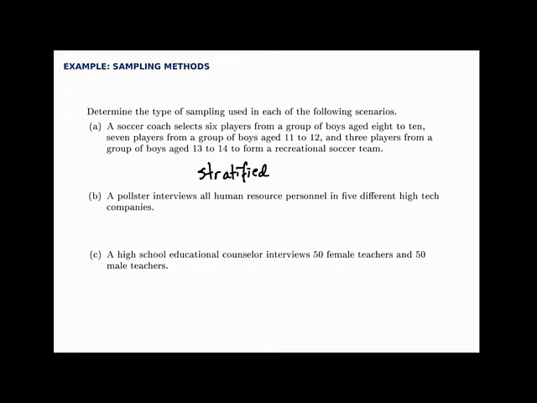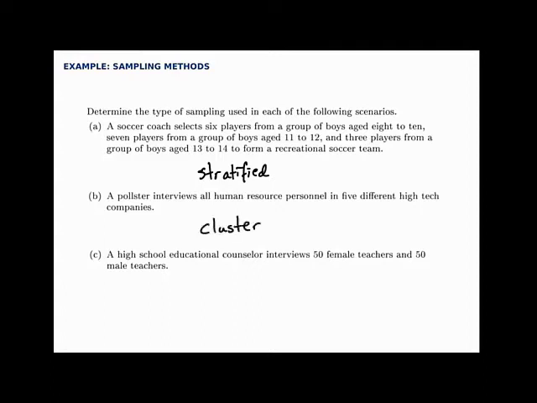So by dividing them into groups, again, we can think about either stratified or cluster sampling starting that way. And then because the pollster selected everyone from a couple of groups, that's cluster sampling. If they had selected a few from all the groups, that would be stratified sampling. But the fact that they selected a few full groups makes it cluster sampling.